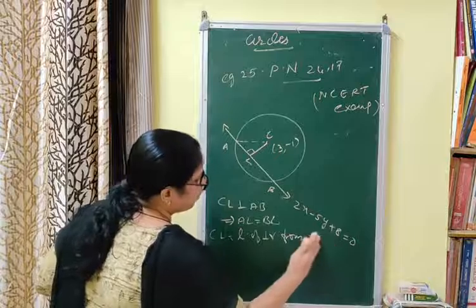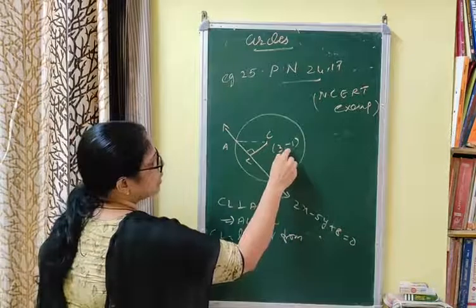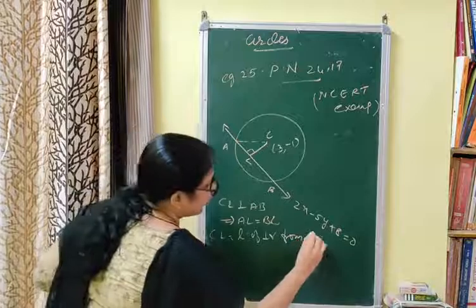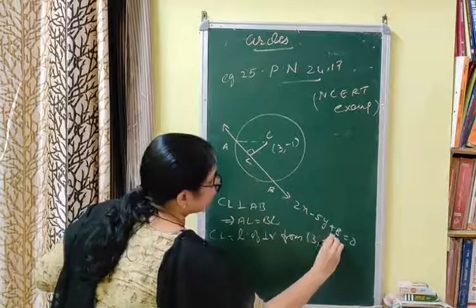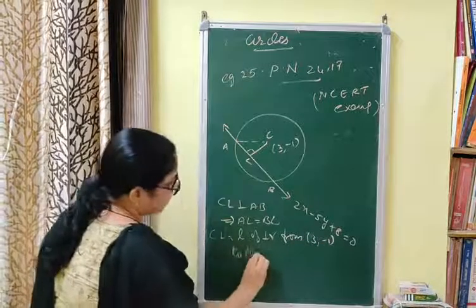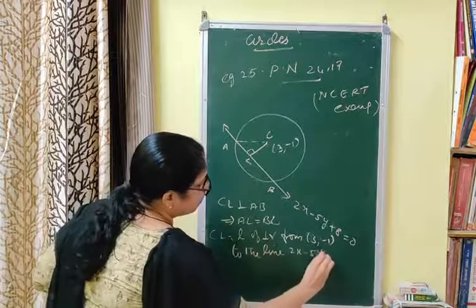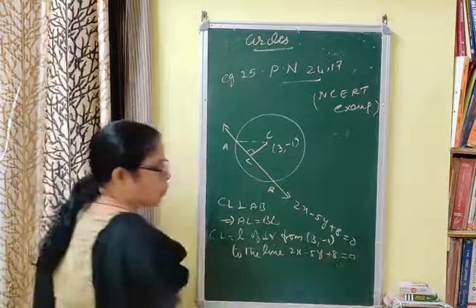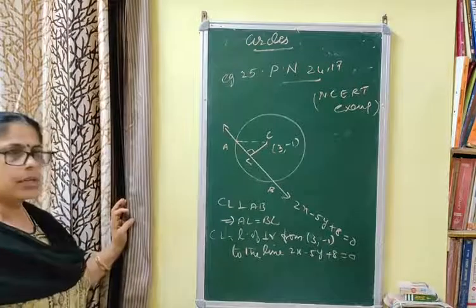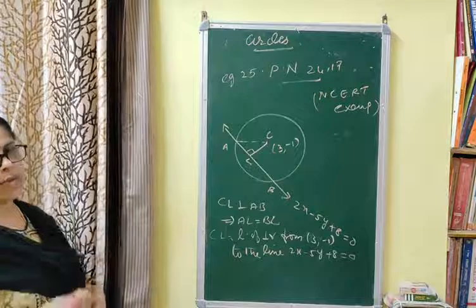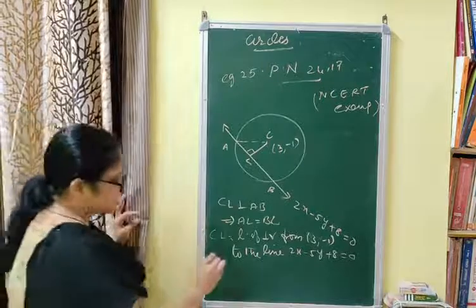from the center, the point 3, minus 1, to the line 2x minus 5y plus 8 equals 0. Again the topic of straight line is coming. Distance of a point from a line is mod of ax1 plus by1 plus c upon root of a square plus b square.